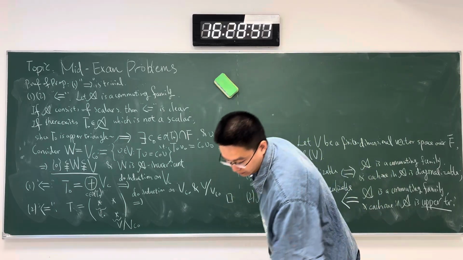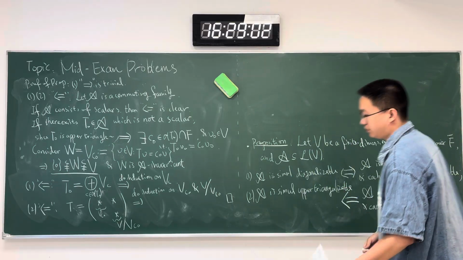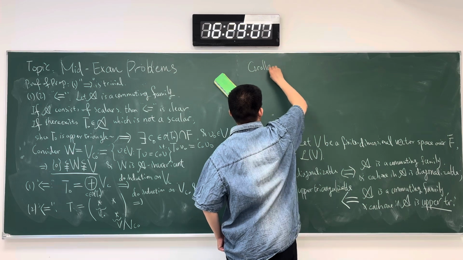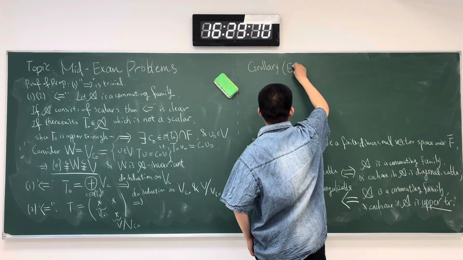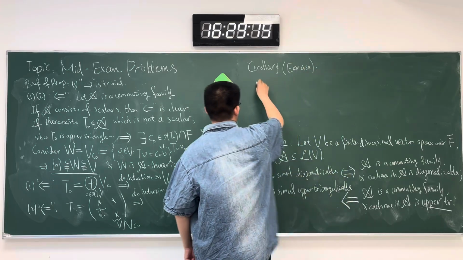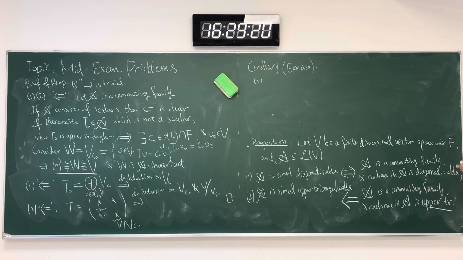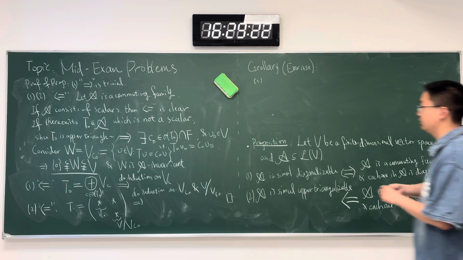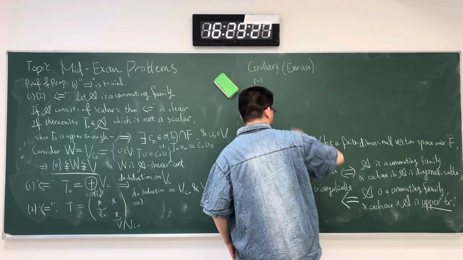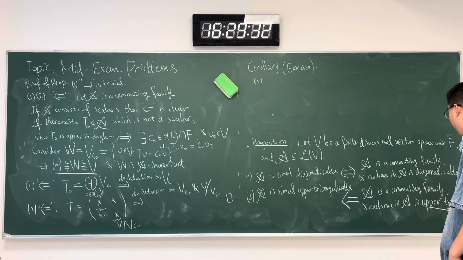Now, I would like to give you some simple corollary of this proposition. You may also put it as an exercise if you like. So, for example, if you work over an algebraically closed field, say the field of complex numbers, then automatically each linear transformation is upper triangularizable.